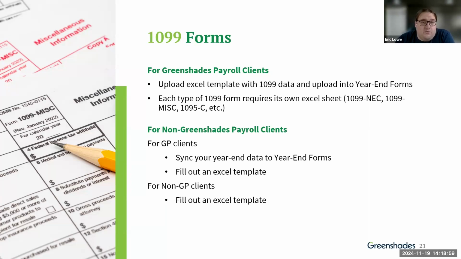For non-GreenShades payroll clients, we have a little fork here where there are two different workflows. If you are non-GreenShades payroll but you are using GP, there is a sync feature that we utilize in the GreenShades ecosystem, where your year-end data can use the sync feature and get uploaded into the proper format for year-end forms. You will still need to fill this out into an Excel template.